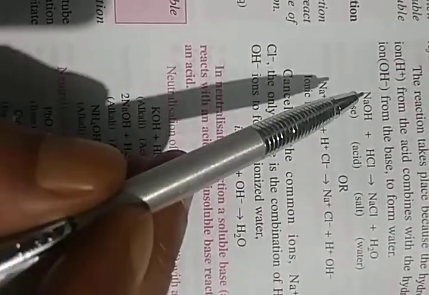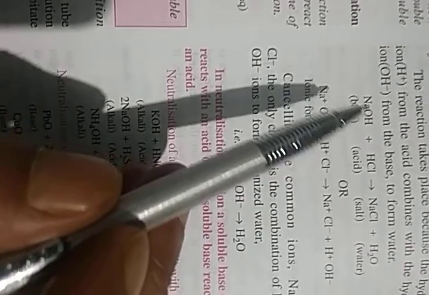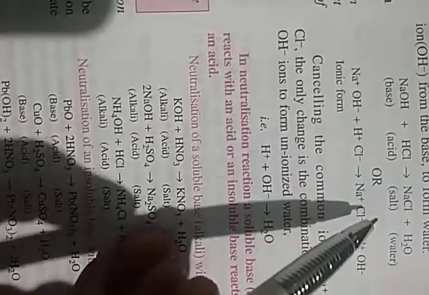Here sodium is more reactive than hydrogen, so this hydrogen is replaced, and this hydrogen comes to the OH. So there are two displacements and no precipitate is formed. This is called your neutralization reaction, and if a precipitate is formed, then it will be called a precipitation reaction.